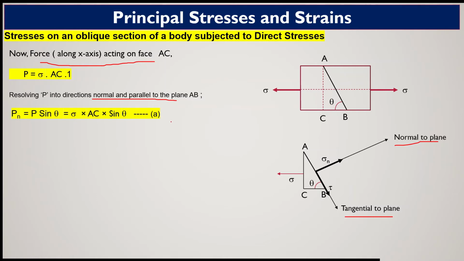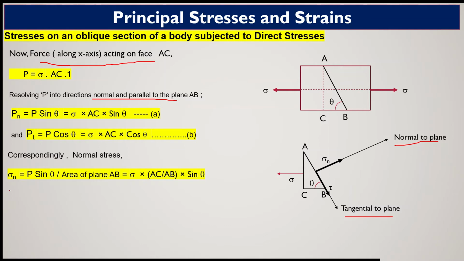So this will be equation A. Similarly, in the tangential direction to the plane, the force PT will be given by P cos theta, and P is sigma into AC into cos theta, so it will become equation B. Correspondingly, we can find the normal stress as well as the tangential stress.